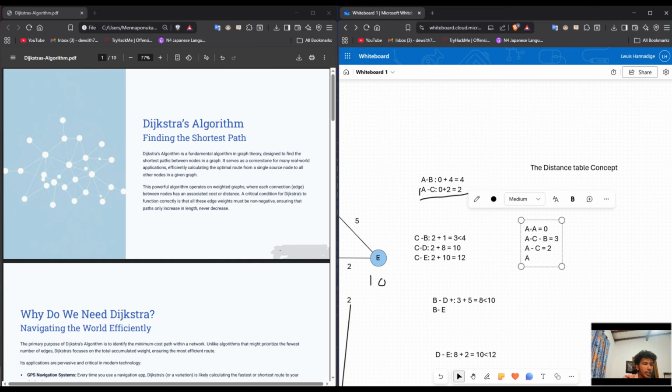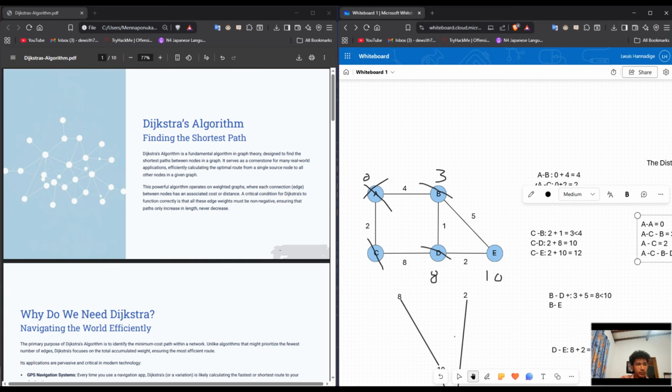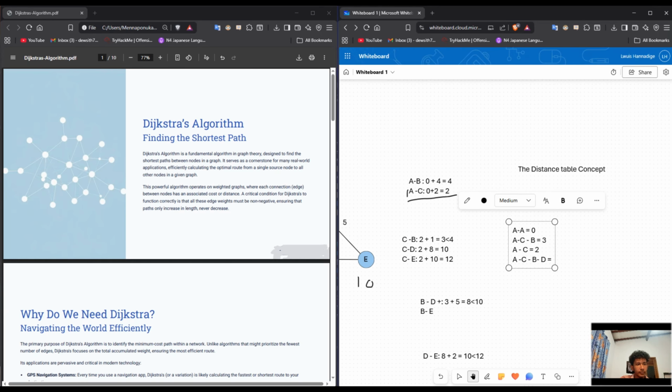So now we find A, C, B, D. So the distance is 8. And A to E is 10.